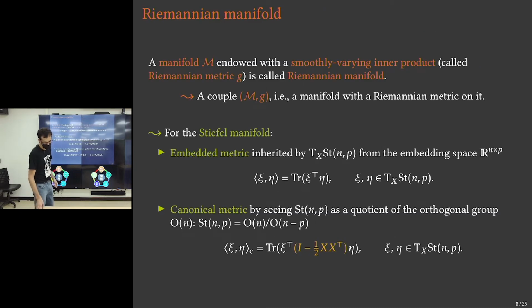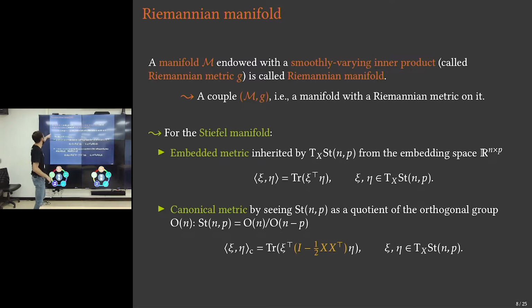Then, so far we haven't talked about inner products. If we want to compute distances, we need to introduce inner products. In the context of Riemannian manifolds, it's called a metric.